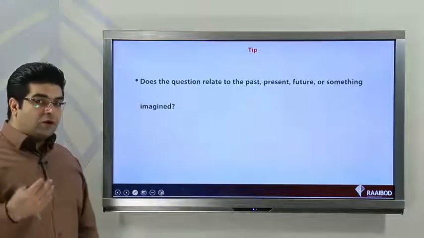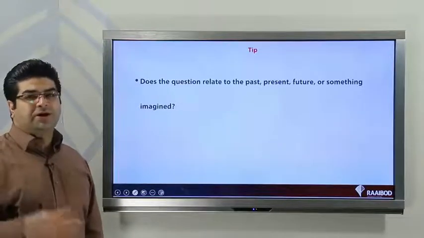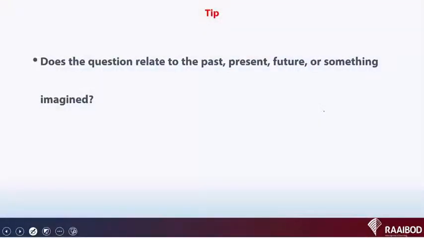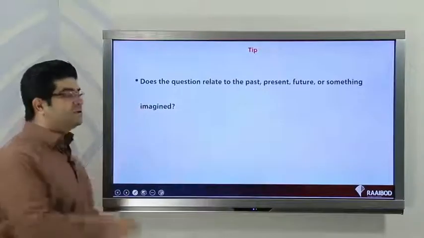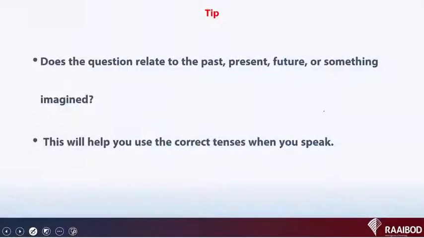Ask yourself always, when you're looking at the question card, the topic card, does the question relate to the past, the present, the future, or something imagined? These need different tenses to cover. And this will help you use the correct tense when you speak.